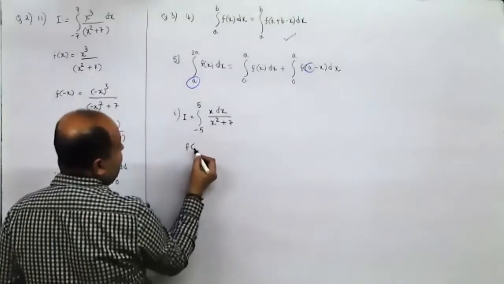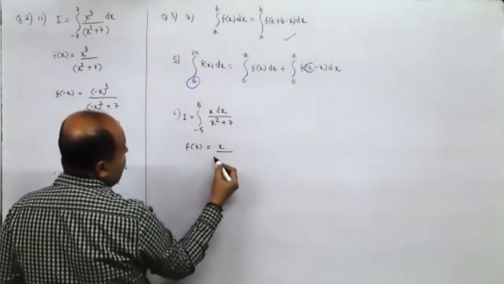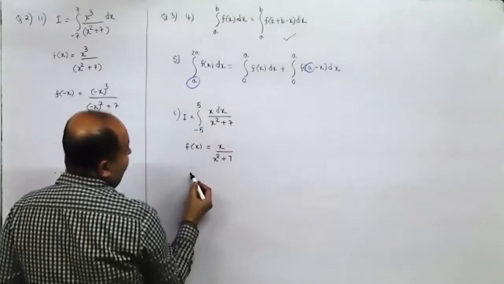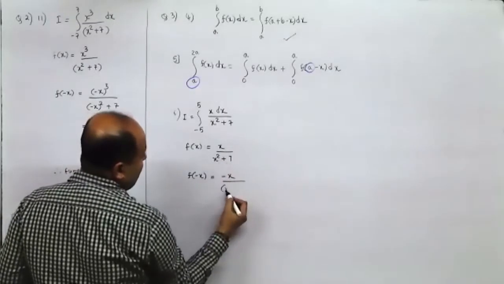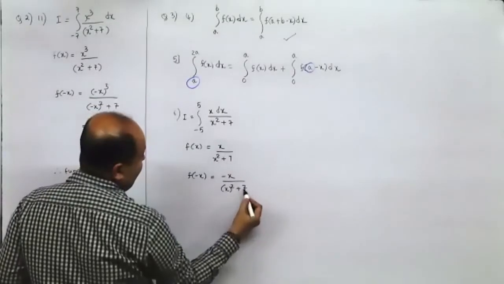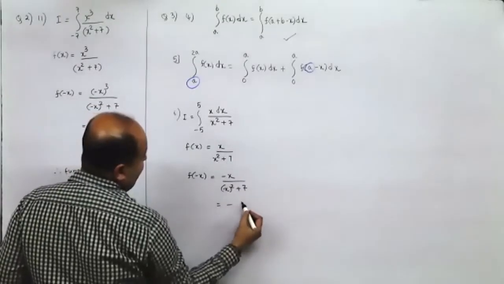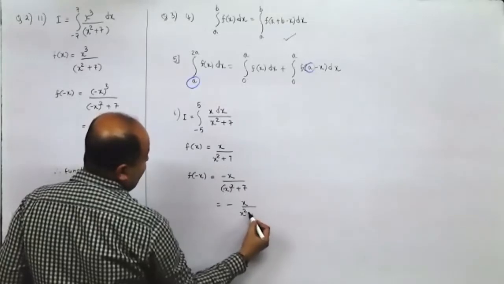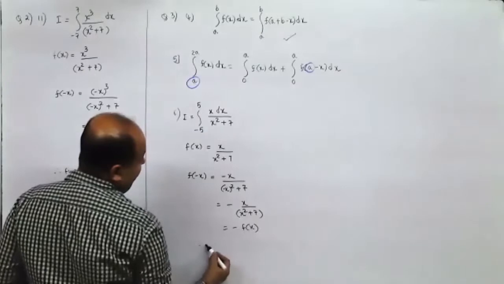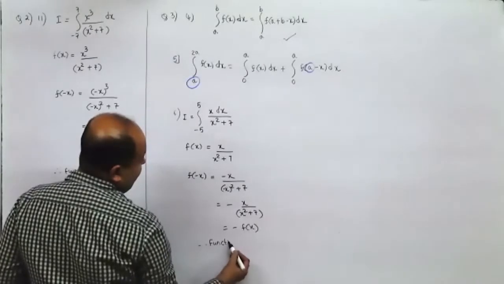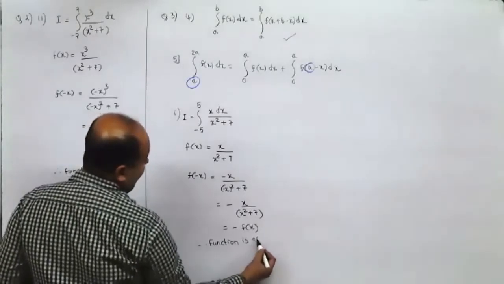So f of x is x upon x square plus 7. When I replace x with minus x, I'll get minus x upon minus x the whole square plus 7, that would be x square itself plus 7. So I would be getting minus of x upon x square plus 7. Therefore, we can say it is minus of f of x. Therefore, the function is odd and therefore I is 0.